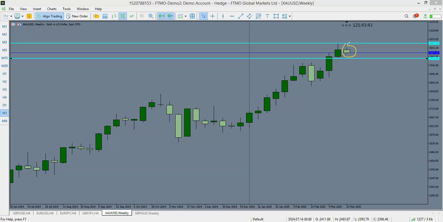We can only take a decision when the candle closes on Friday, if we are trading only the weekly charts. So we're only looking at the weekly chart to help us see what price is doing overall, just to look at the bigger picture. Okay, thank you so much, sir.